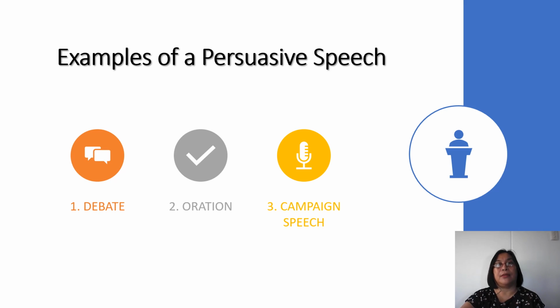Or it could be about information or advocacies, not only about a person. So you want to campaign about climate change, cleanliness, elimination of poverty, and so on.